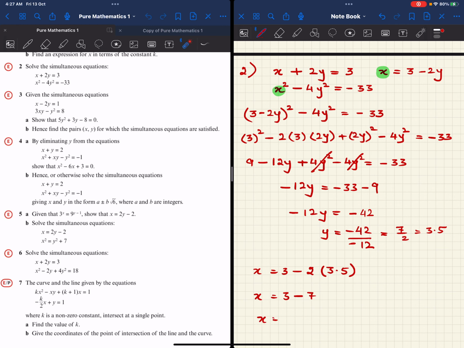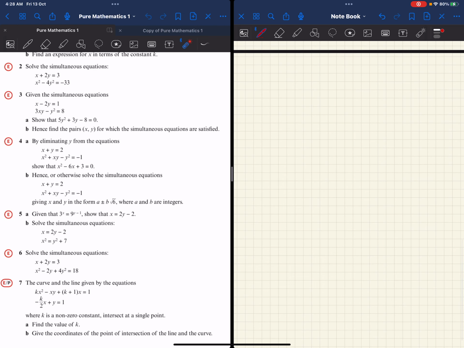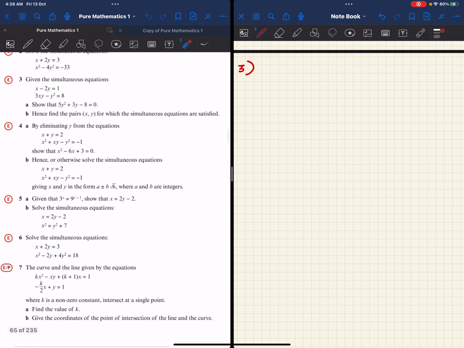Therefore, x is equal to minus 4. So we can write our final answer as x is equal to negative 4 and y is equal to 3.5. That answers question number 2. Moving on to question number 3. Question number 3 is also a simultaneous equation.